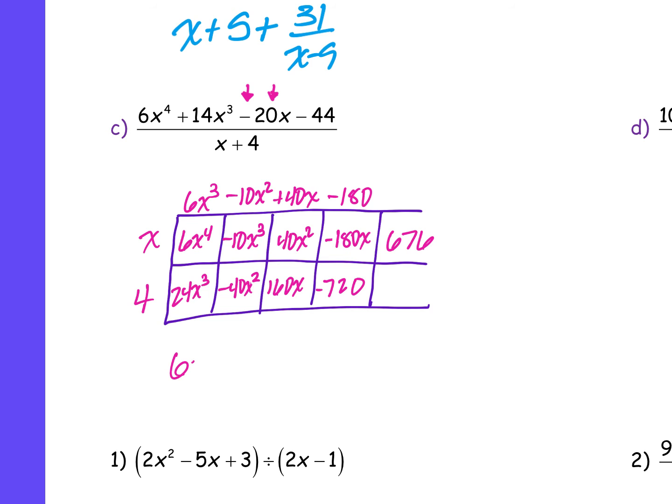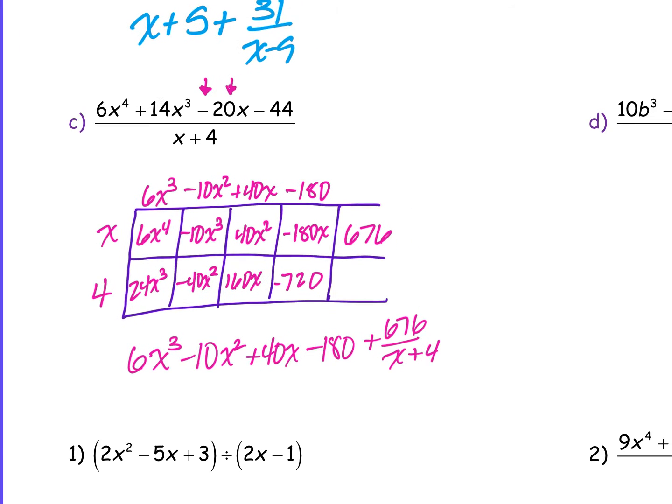So my answer is 6x cubed minus 10x squared plus 40x minus 180 plus 676 over x plus 4. Whether you did long division or the box method, which is both long division, by the way, just a different way to do it, you should have got the same answer. Nice job.